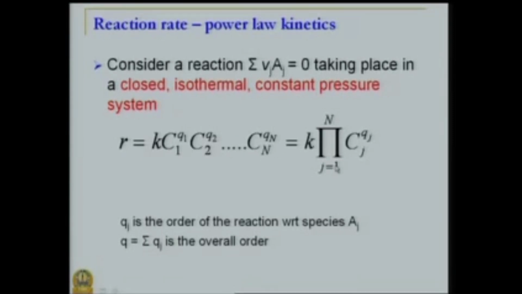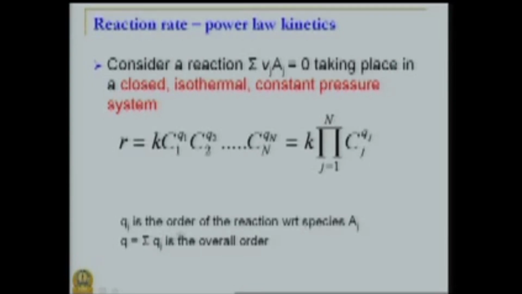In a compact form, we can express this as rate equal to k, where k is that proportionality constant, times the product of Cj raised to Qj, j going from 1 to n.